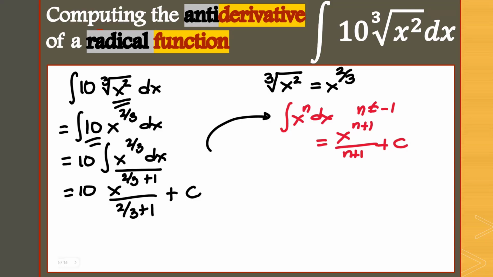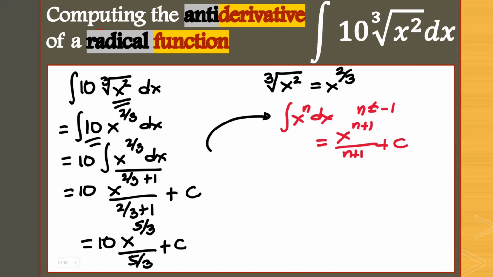Now, let's simplify the exponents and the denominator here. So you'll have 10 x to the power of, of course, 1 plus 2/3, which is 5/3. Please don't forget about that, because 1 can be 3 over 3. This is also the same expression for our denominator, plus c.